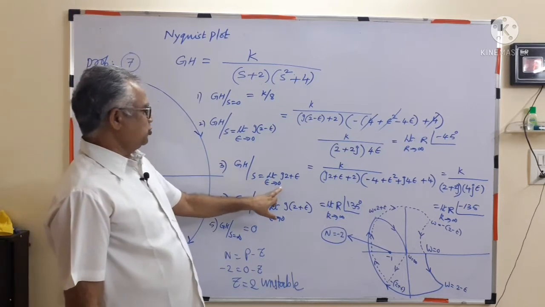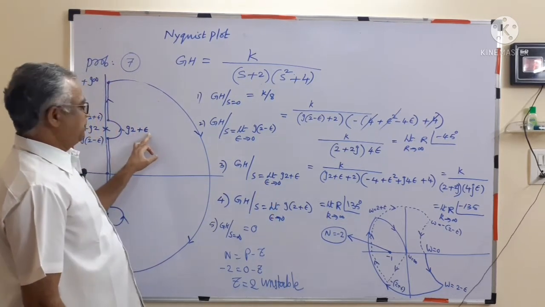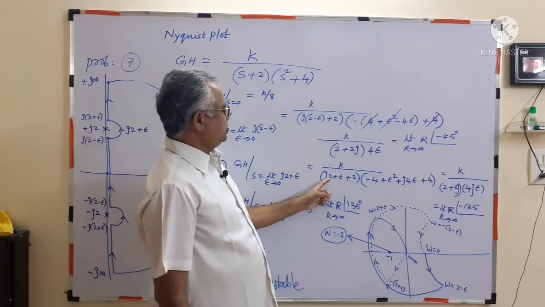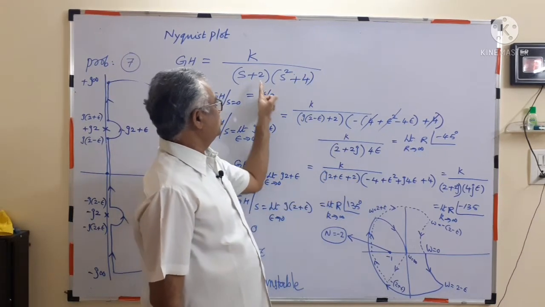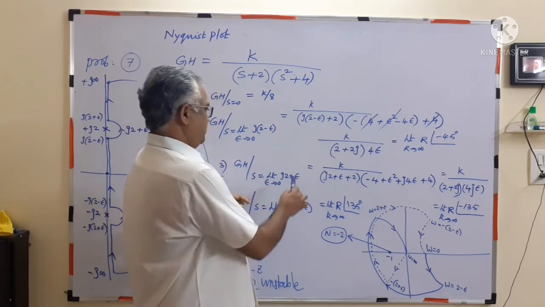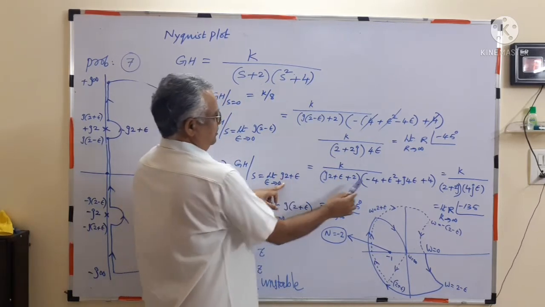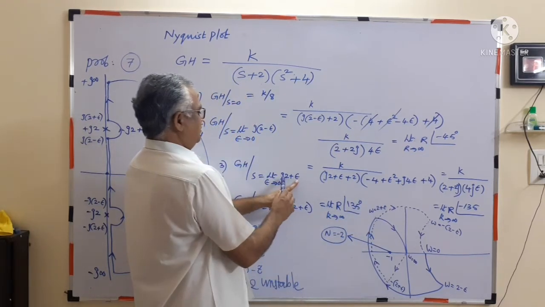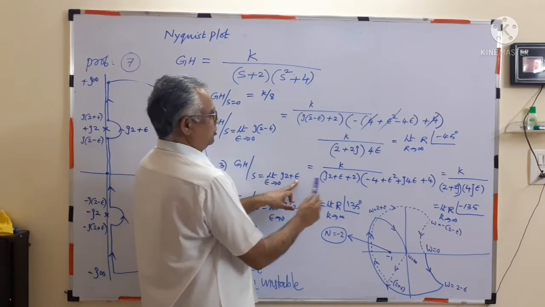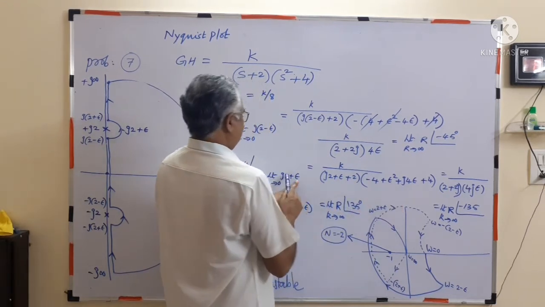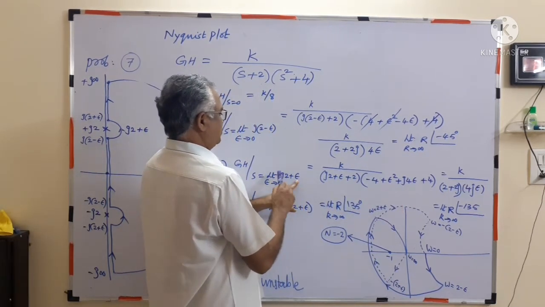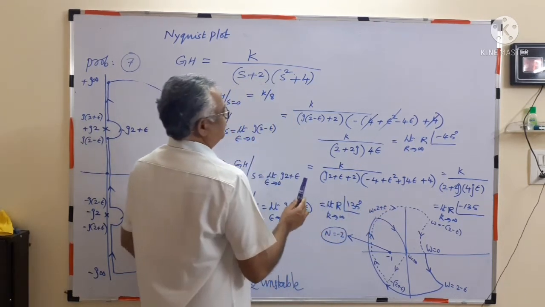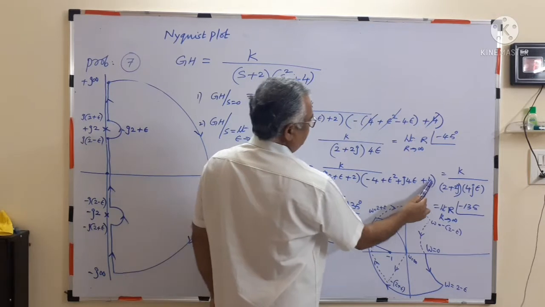Next, this point, limit epsilon tends to 0, j2 plus epsilon. Now K by j2 plus epsilon plus 2, then this is square, minus 4 epsilon square, then minus 4 plus 2 into 2 into j epsilon, plus 4j epsilon, then plus 4.